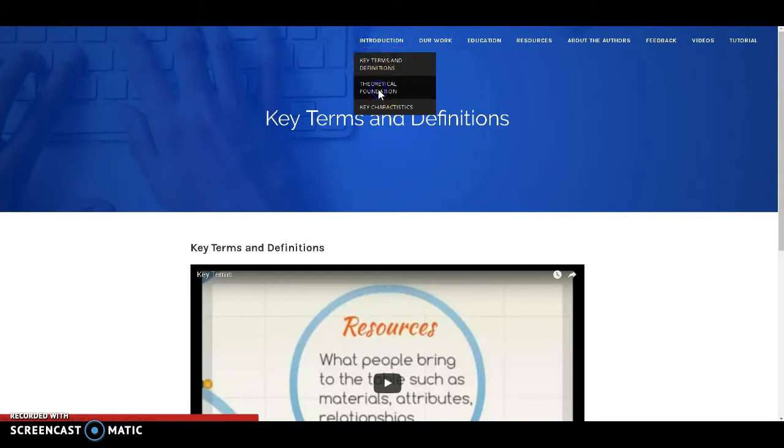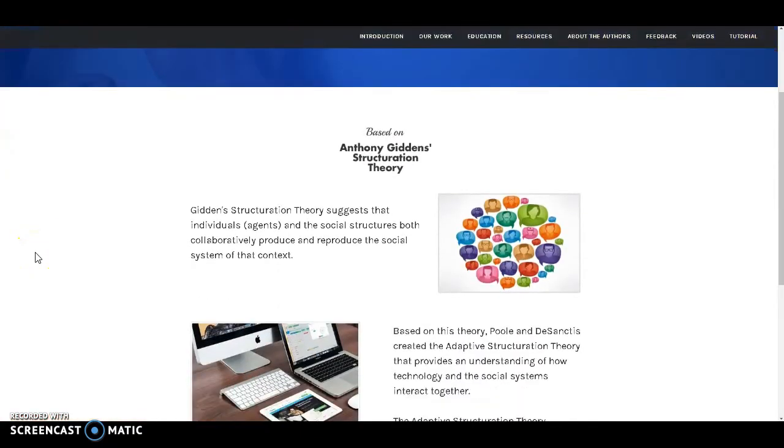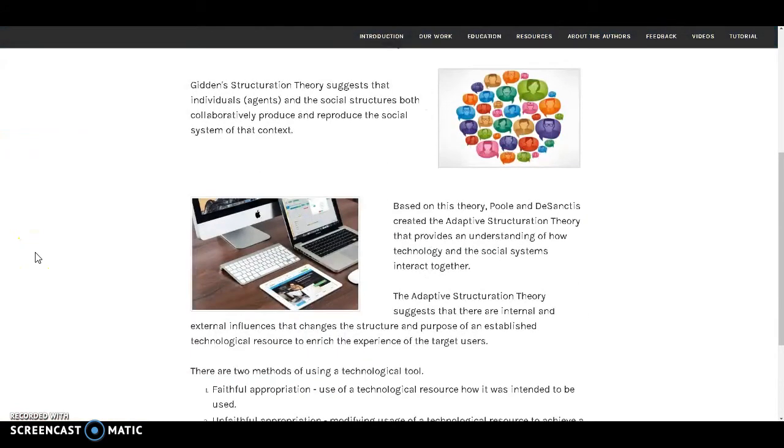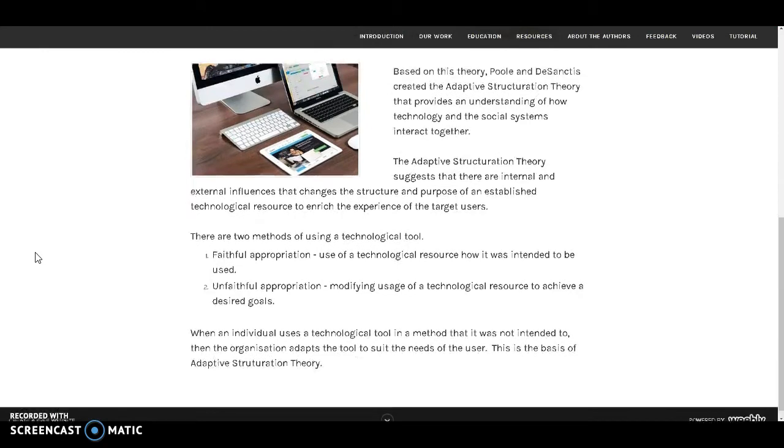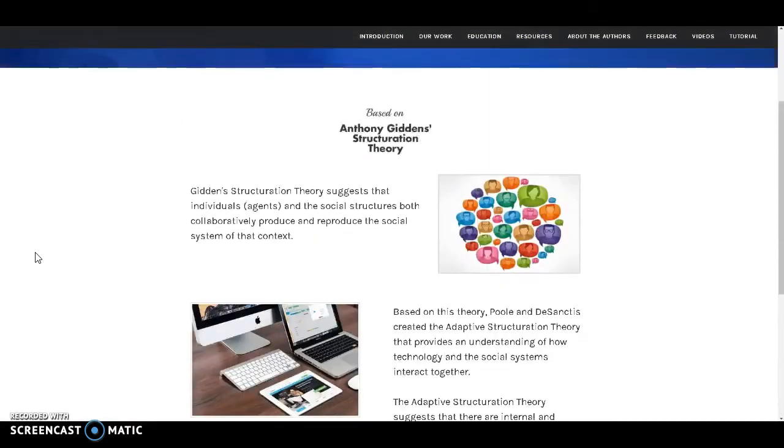Then you can go to the theoretical foundations page, in which you basically will get an understanding of the basic foundation that the theory is based upon, the key concepts that are part of this theory. For example, the adaptive structuration theory is basically based upon Anthony Giddens' structuration theory.